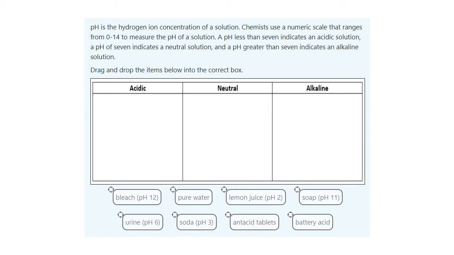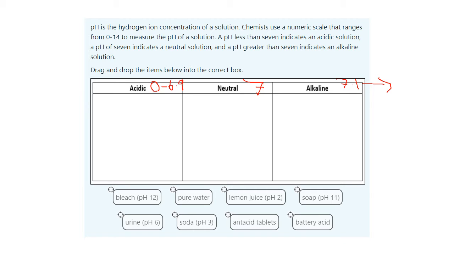So acidic would be 0 to 6.9. A pH of 7 indicates a neutral solution, and a pH greater than 7 indicates an alkaline solution. So 7.1 plus. So drag the items into the correct box.